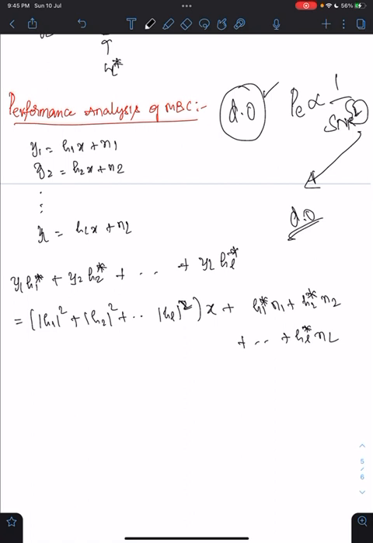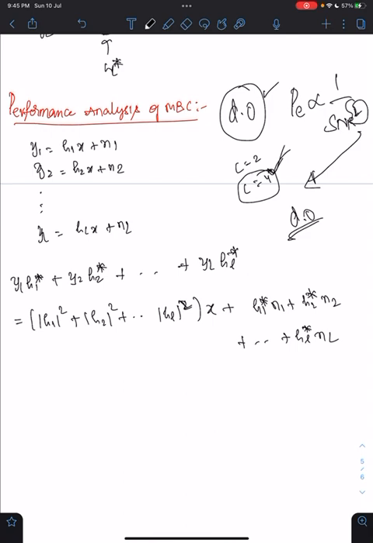If L is more, say L is 4, then for the same SNR, since the power is more, the whole number will turn out to be more, and the probability of error will turn out to be less.